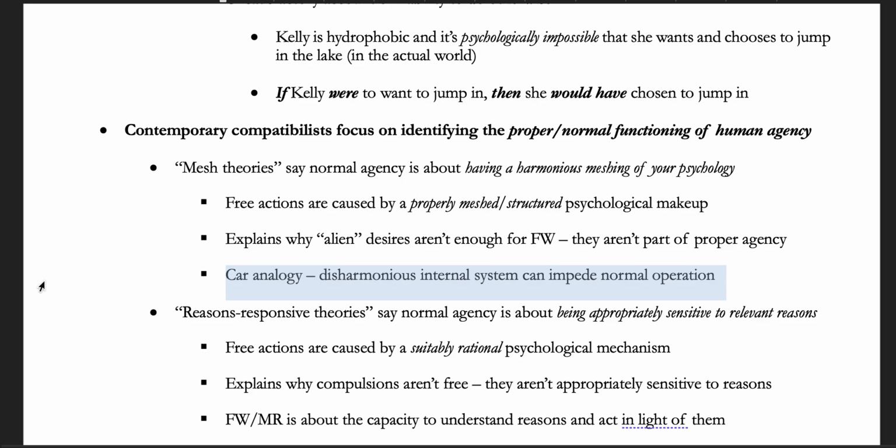If something in your engine, maybe electrical, maybe mechanical, is messing up, it's not meshing properly. Things aren't talking to each other in the right way, and that can also impede normal operation of your car and make it so that you can't go. That's kind of what this is getting at. It's not just about external impediments. It's about the internal system operating correctly.